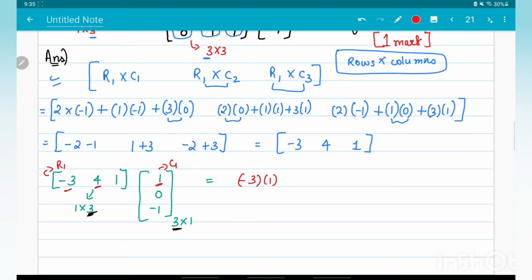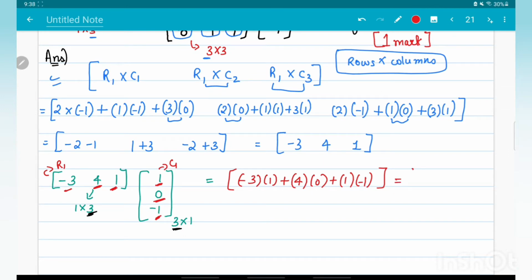Then the second element of the row will be multiplied with the second element of the column, and in between there will be a plus symbol, because all of them belong to one row and one column. So 4 will be multiplied with 0, and then again a plus symbol, because we have a third element also. This will be multiplied with the third element of this column, so this becomes 1 into minus 1.